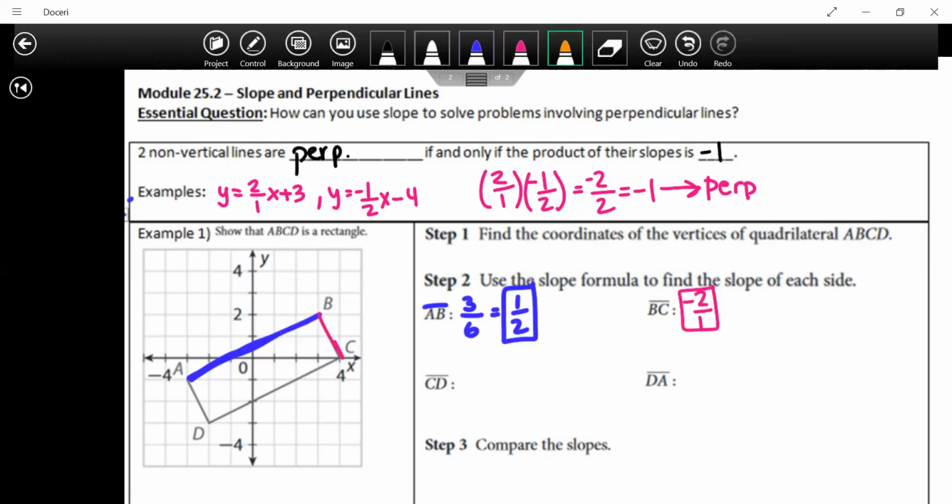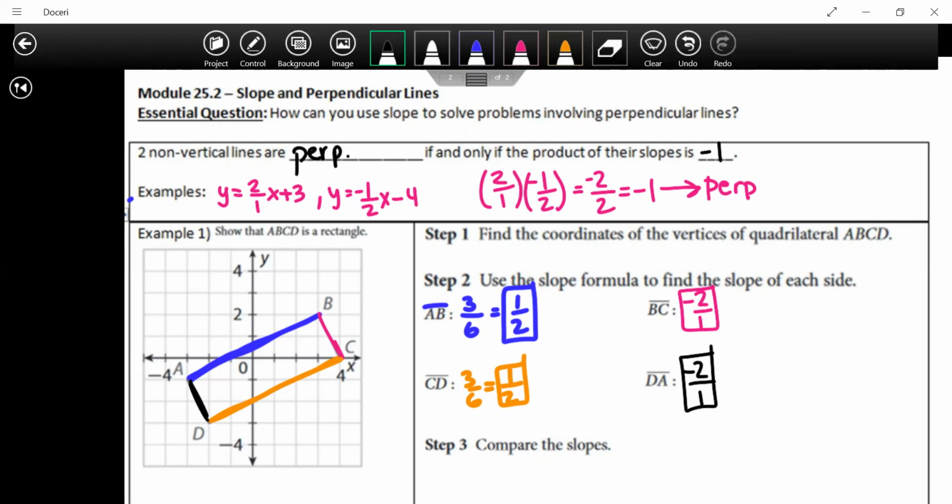Our CD or DC, I always look from points left to right, so this is going to go up 3 over 6, again 1/2. And back to the other one, I'll just do it in black. We're going to go down 2 over 1, negative 2 over 1, sorry.